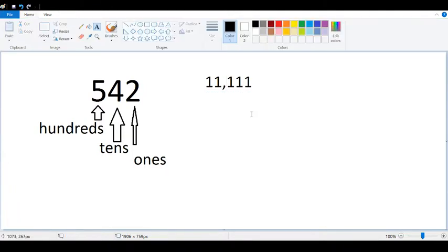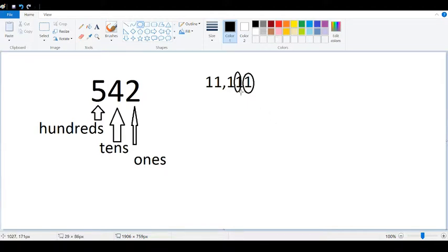So if I had that number, 11,111, and I wanted to know, I could define each place that each one was in, and you would do this by saying that the first one, this one, is in the ones. Let me get my circle. Here it is. This number 1 is in the ones position.